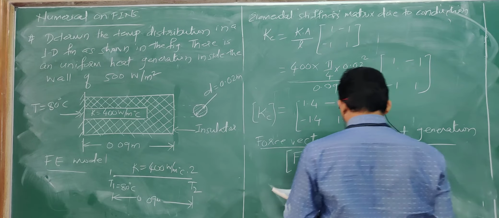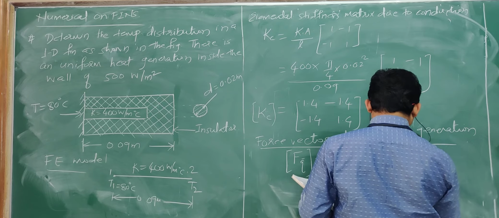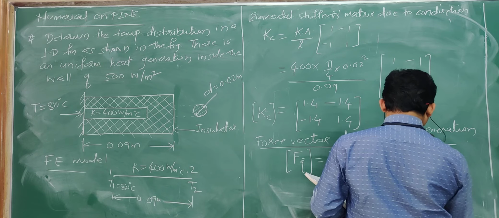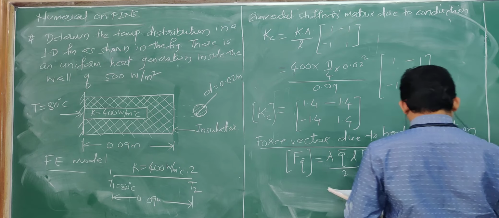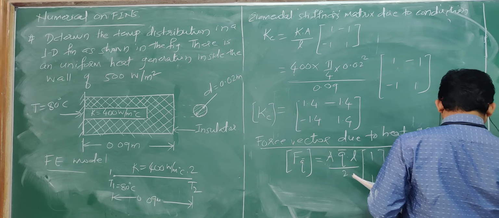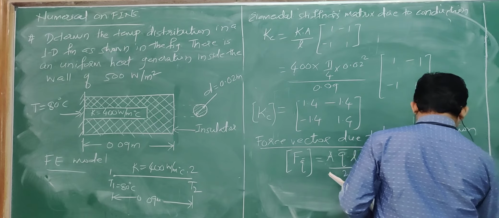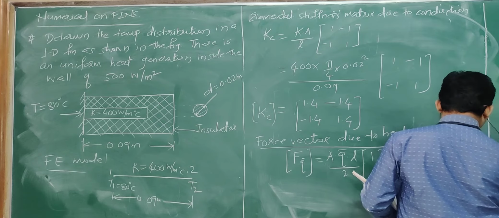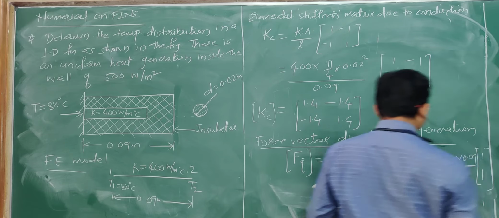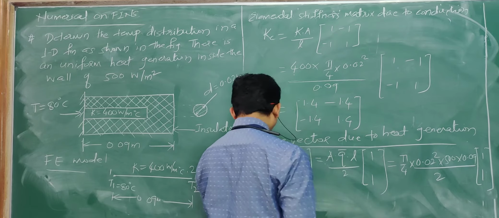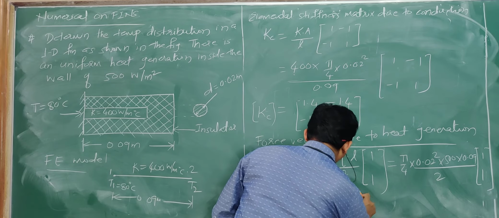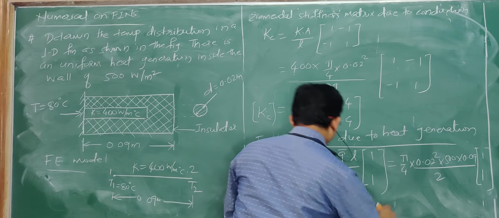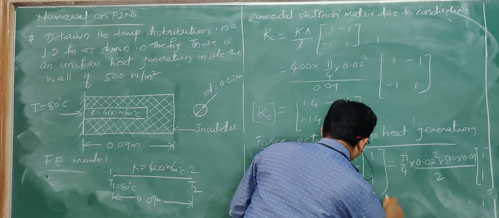If I substitute the values, A is pi by 4 into 0.02 square, q is specified as 500, length is 0.09, divided by 2 times [1; 1]. If I calculate this, I'll get 7 into 10 raised to minus 3 times [1; 1].